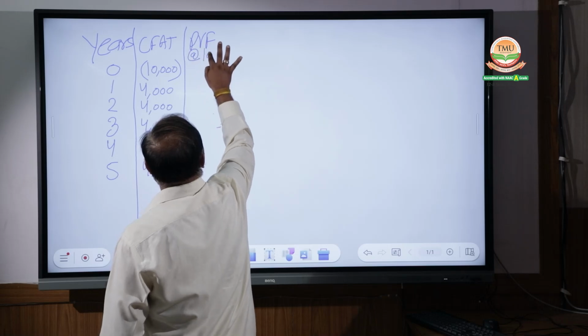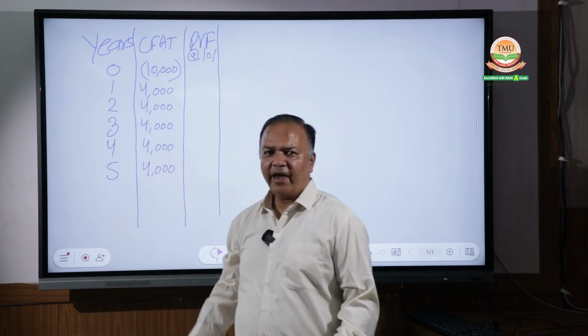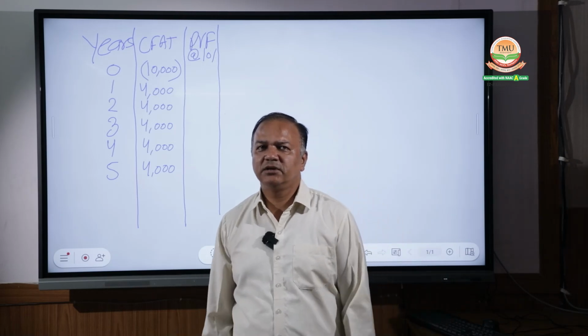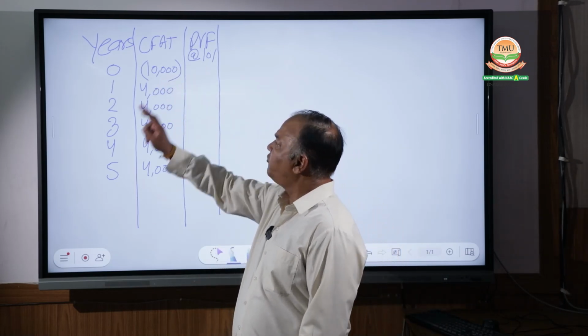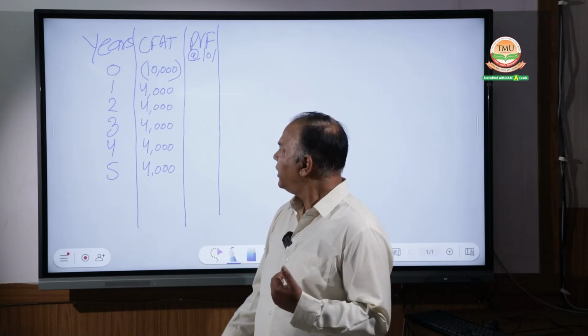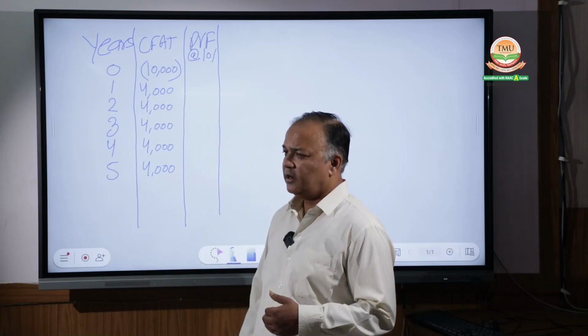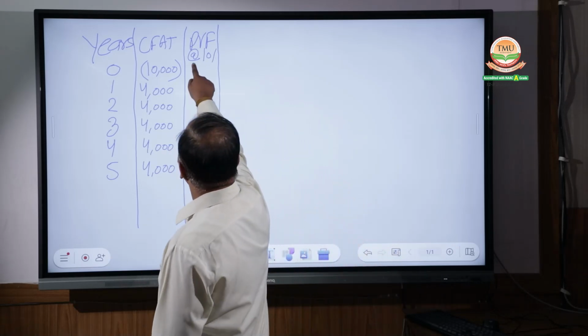Present value factor at 10%. As we have discussed a number of times, the present value factor at 10% in year 0 will be 1.